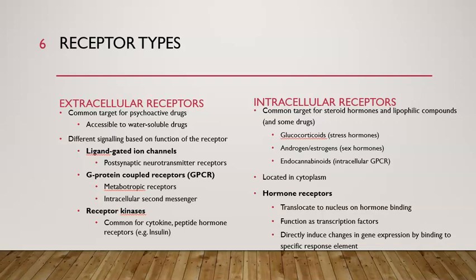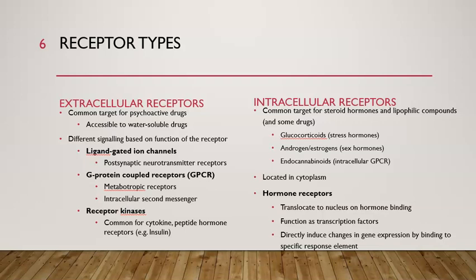These receptors really just float around in the cytoplasm, hanging out, waiting for some binding. Hormone receptors are the specific type of intracellular receptor we'll talk about. They translocate to the nucleus. In other words, they move. Once they get their passenger, the hormone, they move into the nucleus itself, and then function as a transcription factor.